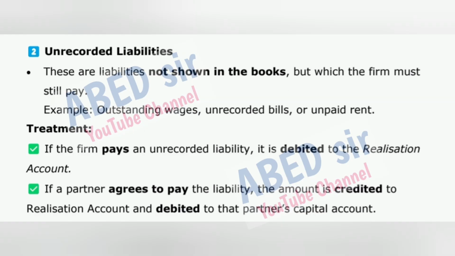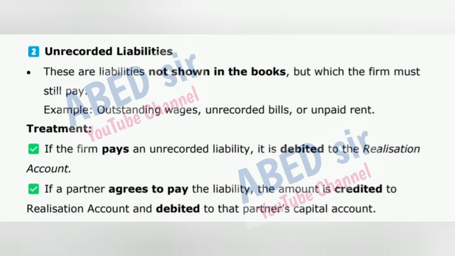2. Unrecorded liabilities. These are liabilities not shown in the books, but which the firm must still pay. Example: outstanding wages, unrecorded bills, or unpaid rent. Treatment. If the firm pays an unrecorded liability, it is debited to the realization account.